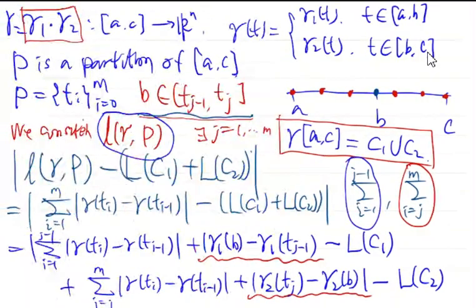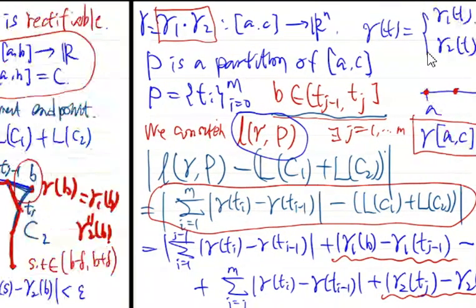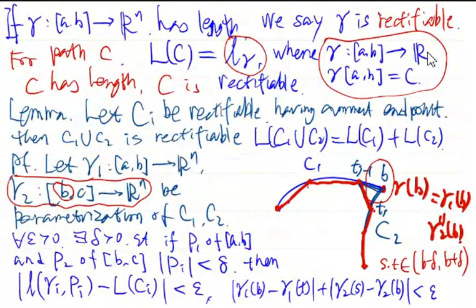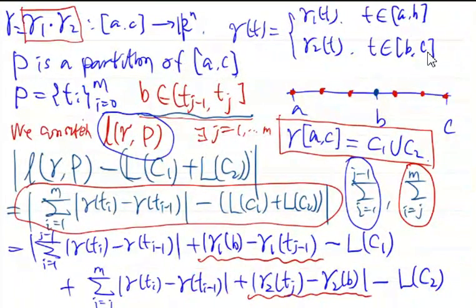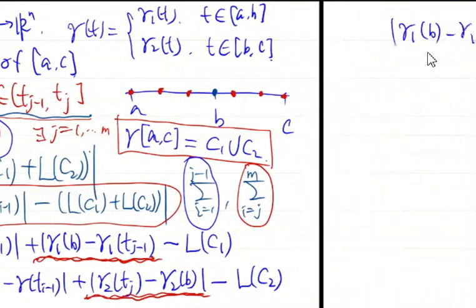So let's go back. We want to estimate this term. Because of the above reason, we need to count those terms involving B for the computation of the length of C1 and C2. So we add this term to include the segment to B, and also this term to include the segment in C2 connecting to B. But after adding these two terms, we need to subtract them.